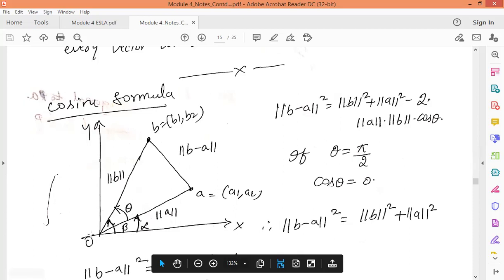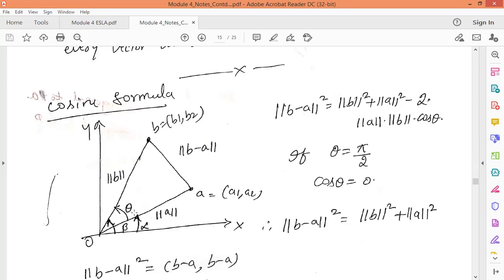And if we consider the vectors A and B, the angle made between these two vectors is taken as theta.